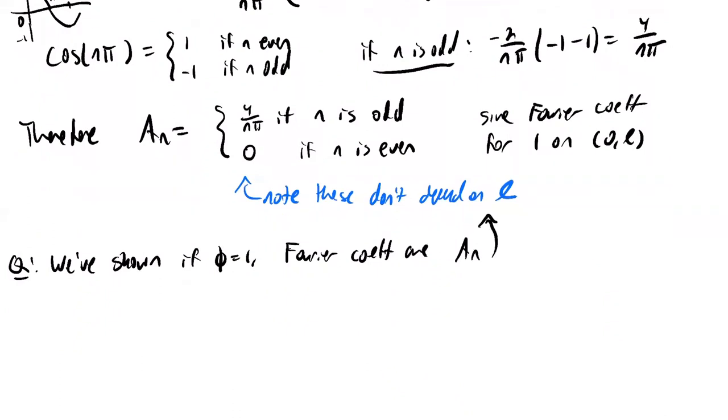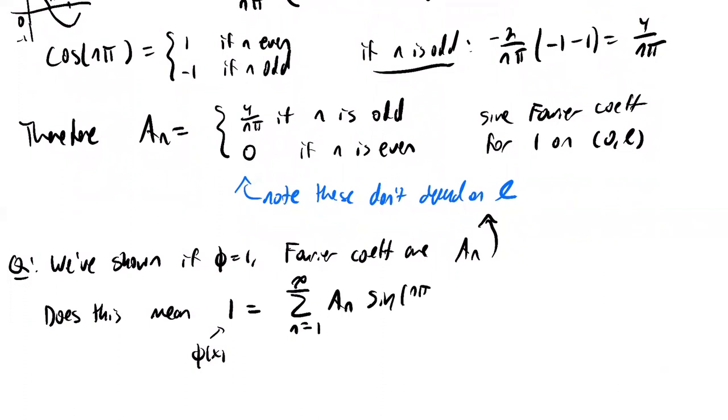And so the question is, does this mean that the function 1, this is my phi of x, is equal to the infinite sum from n equals 1 to infinity of an times sine of n pi over L x, right?